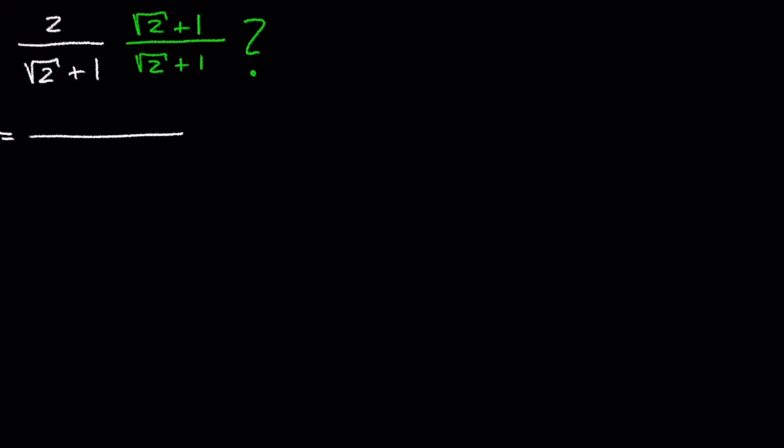At the top we get 2 times the square root of 2 plus 2. And at the bottom we get the square root of 2 times the square root of 2. Plus the square root of 2. Plus the square root of 2.